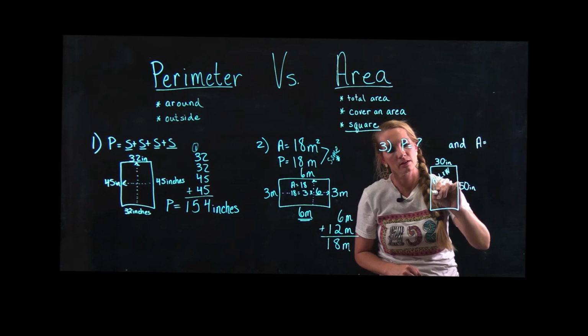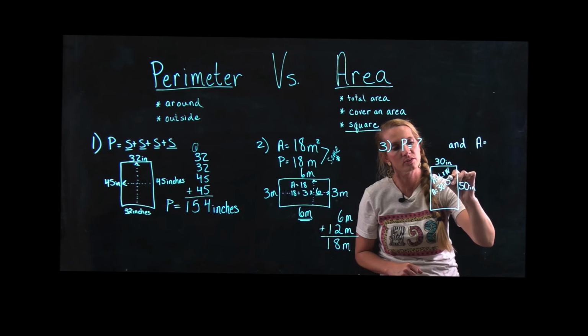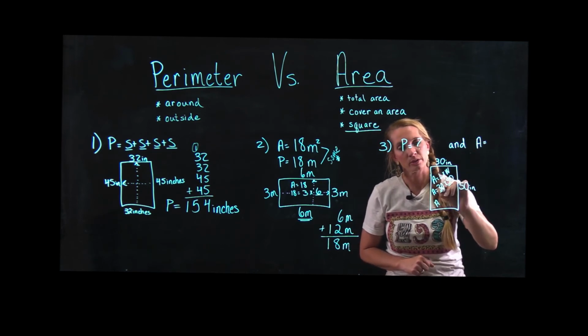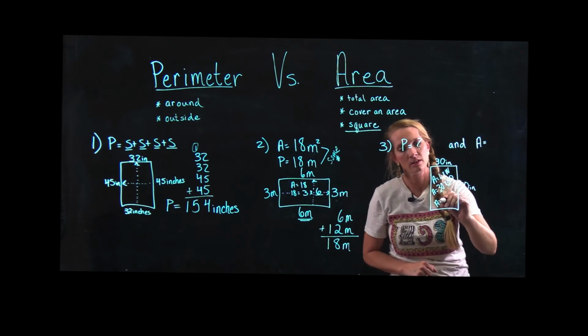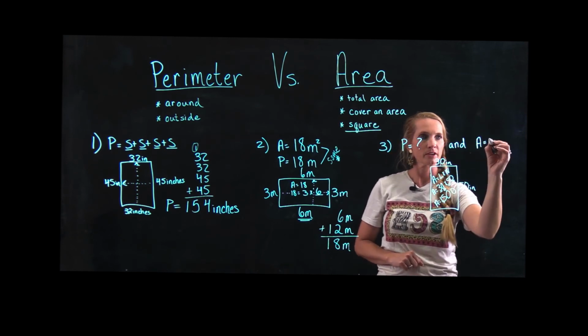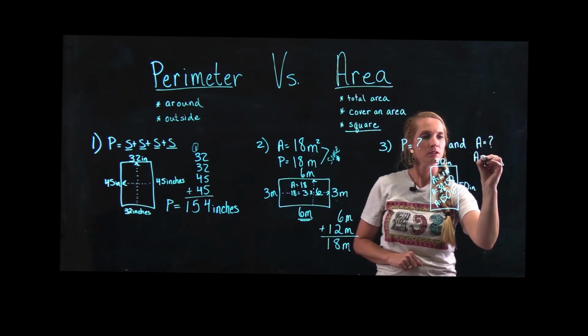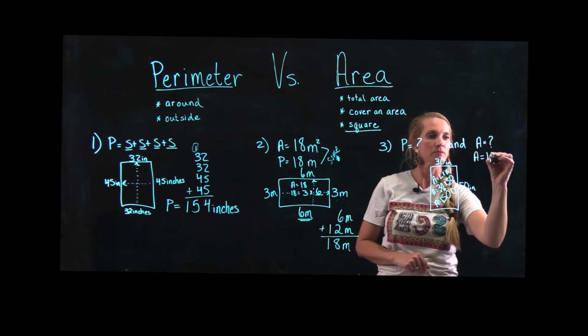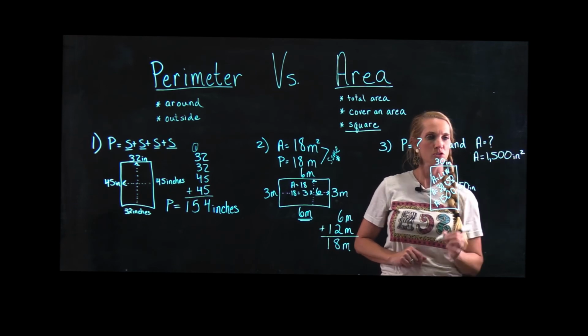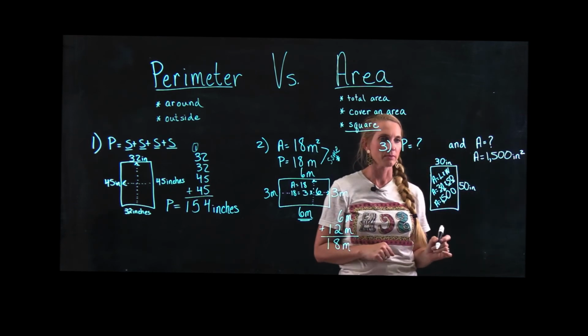So my area equals 30 times 50. Oh, this is an easy one. I know that 3 times 5 is 15. Add my zeros. So then my area equals 1,500 inches squared.